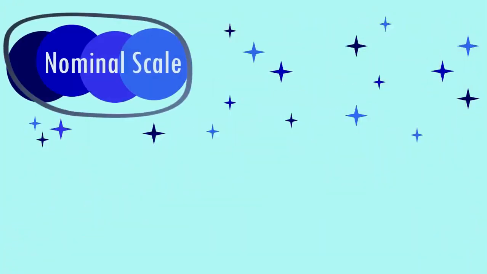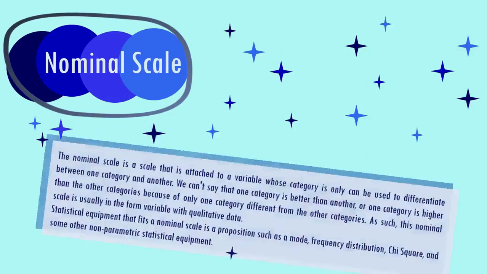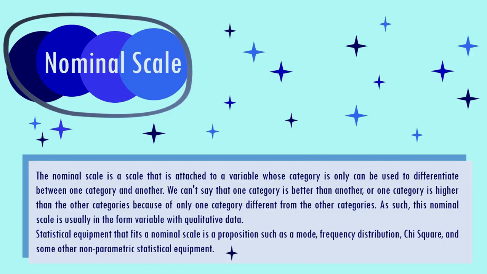Nominal scale. The nominal scale is a scale that is attached to a variable whose category can only be used to differentiate between one category and another. We cannot say that one category is better than another, or one category is higher than the other categories, because it is only one category different from the other categories.